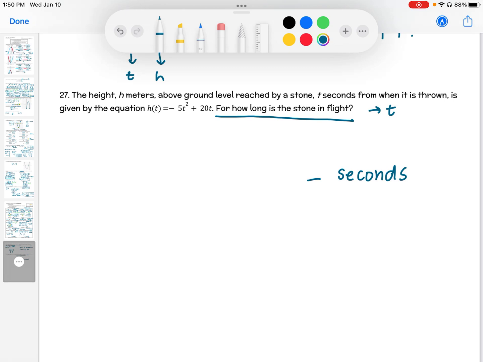And this time it doesn't ask us anything about a maximum or minimum. So we're definitely not looking at the vertex. It's asking us how long we are in the air. So if we think about this little sketch of this graph we have, this point right here is going to be when the stone hits the ground, when the height is 0.